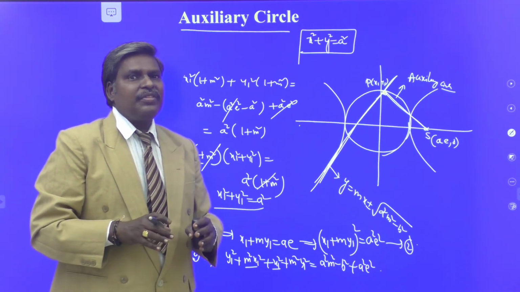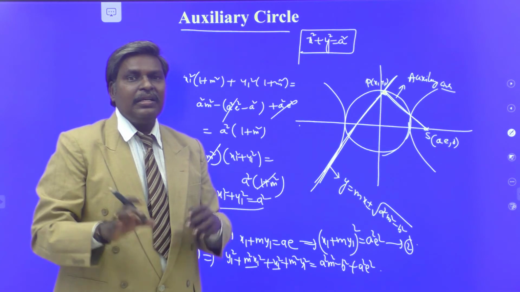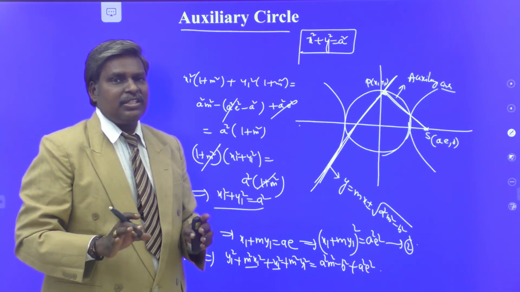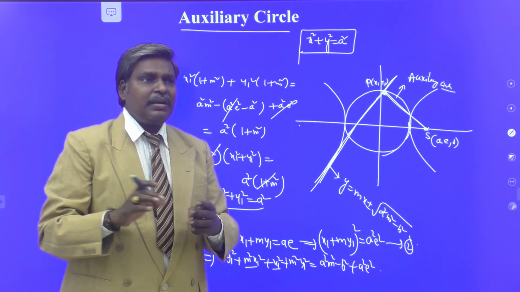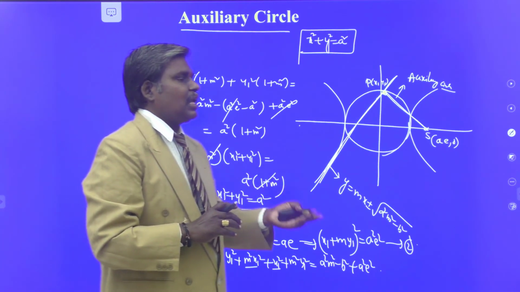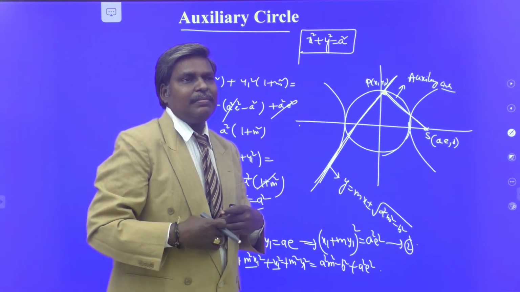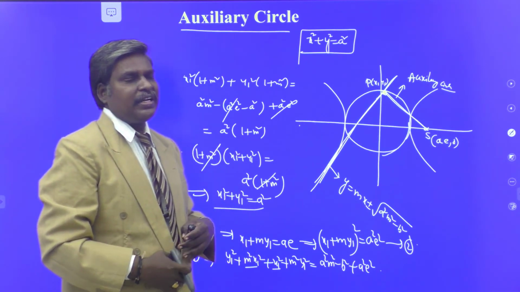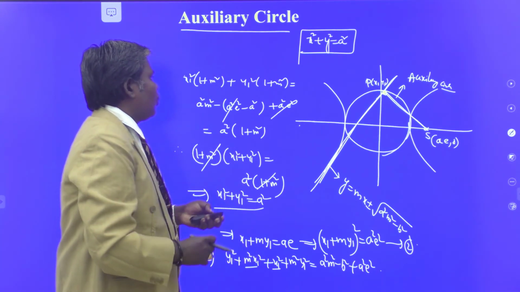So, the structure of the hyperbola equation itself is different. There is no importance of whether the a square value is more than b square or not. There is no importance of which one is the largest value among a square and b square. The structure itself is different in the chapter hyperbola.